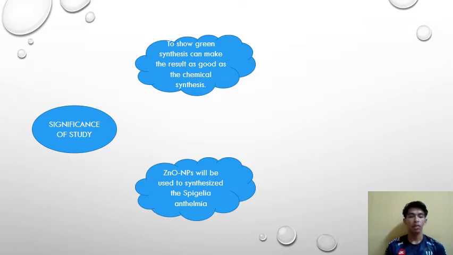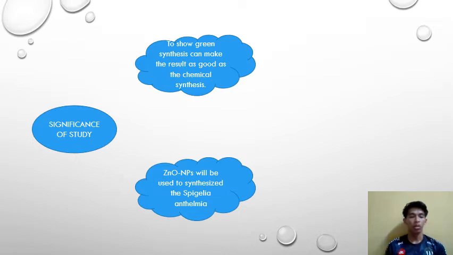Green synthesis of nanoparticles also aims at minimizing waste generation and implementing sustainable processes. In recent years, green processes using mild reaction conditions and non-toxic precursors have been emphasized in the development of nanotechnology for promoting environmental sustainability. This can make the result as good as the chemical synthesis.